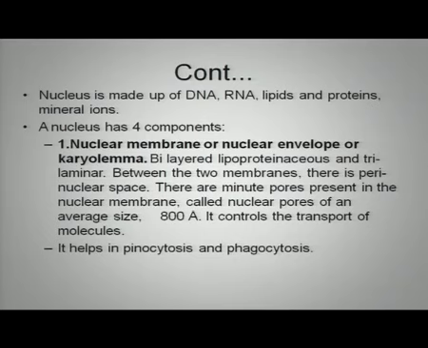Again it is trilaminar, just like the plasma membrane, and already I have told you in between the two membranes there is perinuclear space. There are minute pores present in the nuclear membrane, we will call them nuclear pores, and its average size is 800 angstrom.